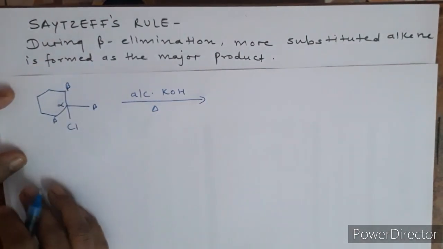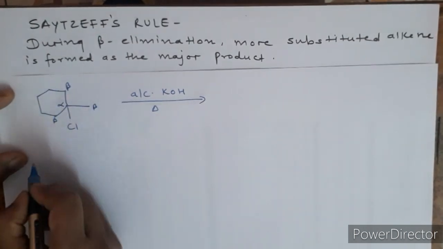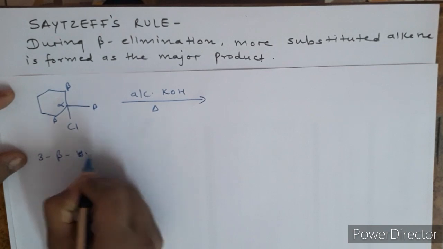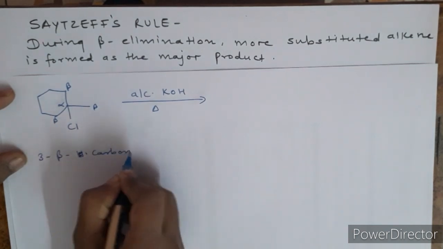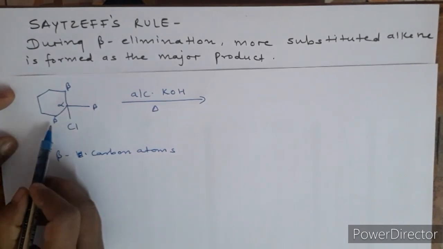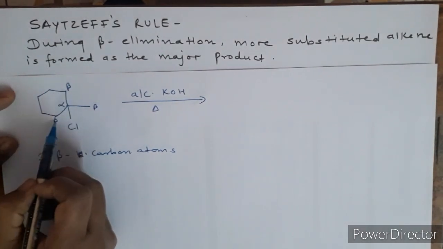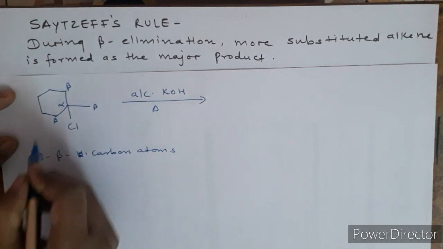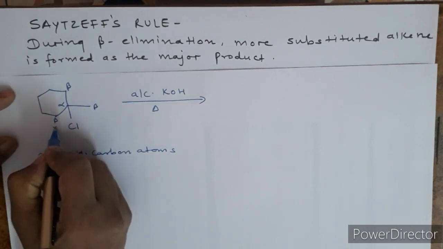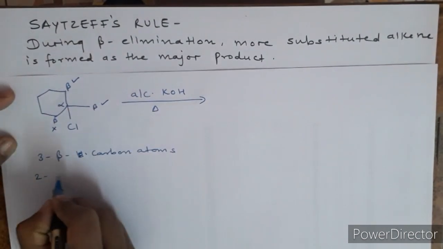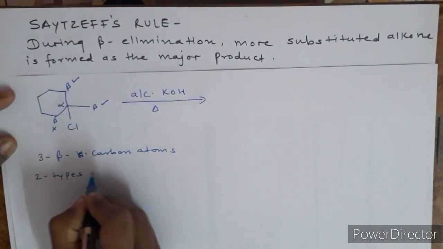So there are 3 beta carbon atoms, but are all of them same or are all of them different? If you see, you'll analyze that this and this are more or less the same. They're same because this is attached to one C and this is also attached to that same carbon. So the environment of both the carbons is same. So there are only 2 types of beta carbon atoms.